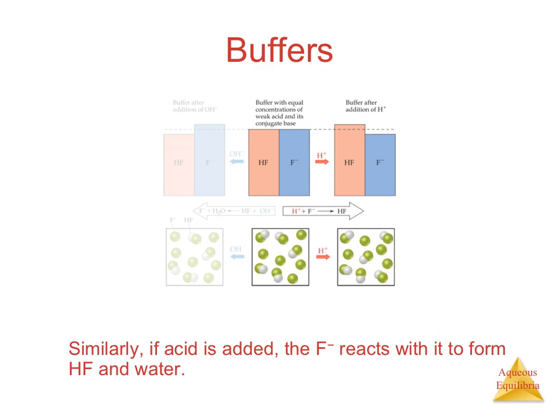If I were to throw in some acid instead, it's going to react with the F minus and generate some more HF and take away some of my F minus. And this is really the nature of the buffer, so it helps stabilize the pH of the solution.